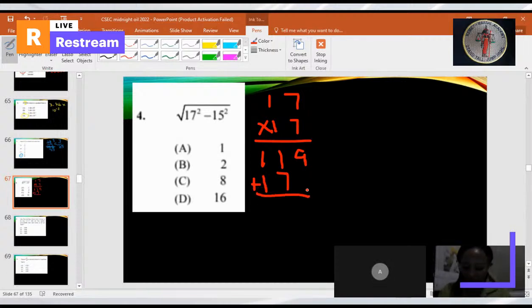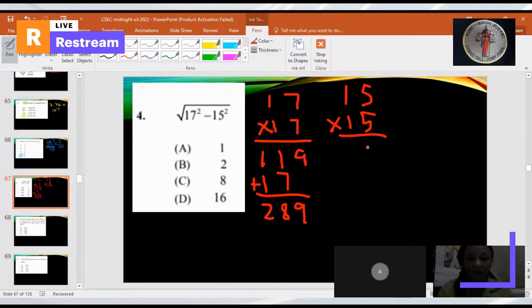So we get 289, and 15 squared is 15 times 15. 5 5s are 25, 5 1s are 5 and 2 is 7, 1 5 5, 1 1 1.